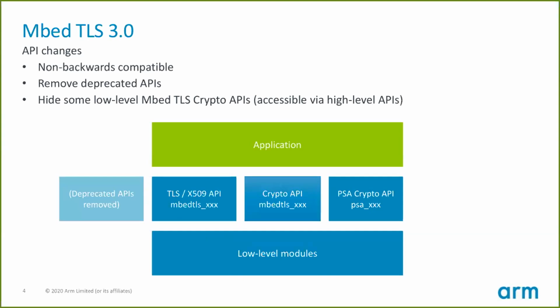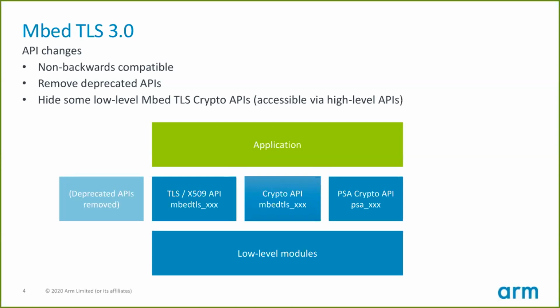3.0 is about making incompatible API changes. We use semantic versioning, so changing the first number in the version number means we're making breaking changes to the API. Mbed TLS 1 was the historical PolarSSL interfaces.